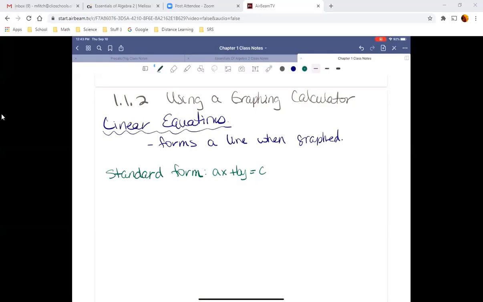So there's a couple different ways of graphing it. An example of this they would write, say, negative 6x plus 3y equals negative 18. And that's just considered standard form. So your x and your y variable are on the same side of the equal sign. That's what standard form means. And then there's slope-intercept form.